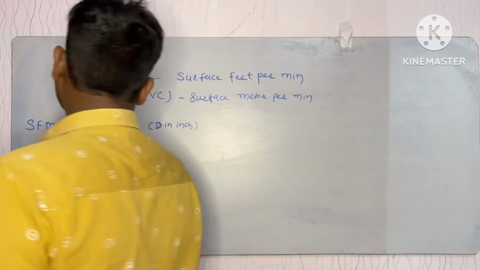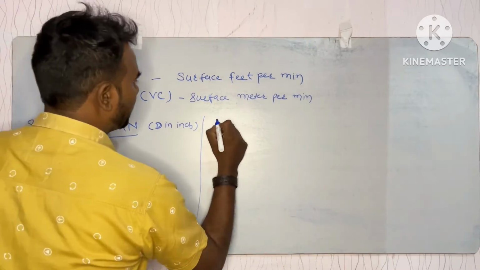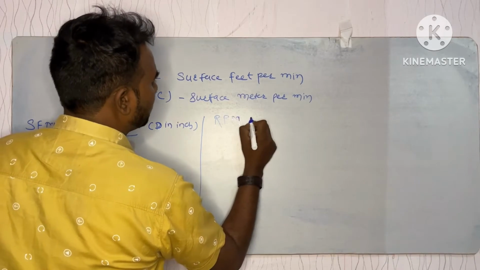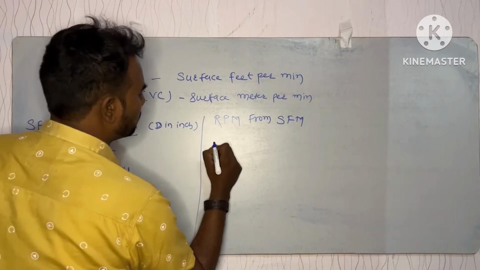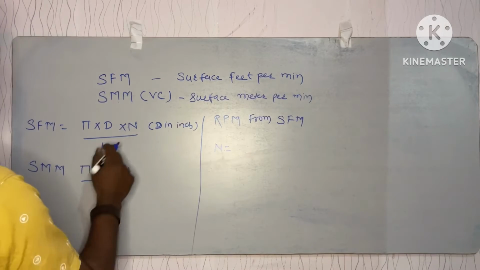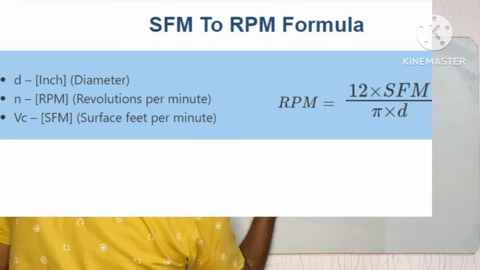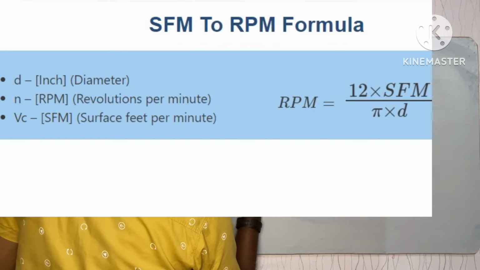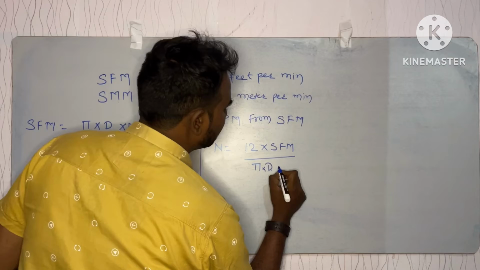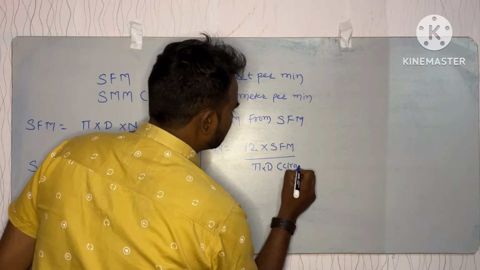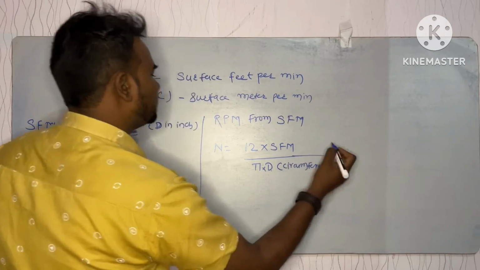Now, how to calculate RPM from SFM? Here is our next formula. N is equal to 12 into SFM divided by pi D, or simply divided by the circumference.